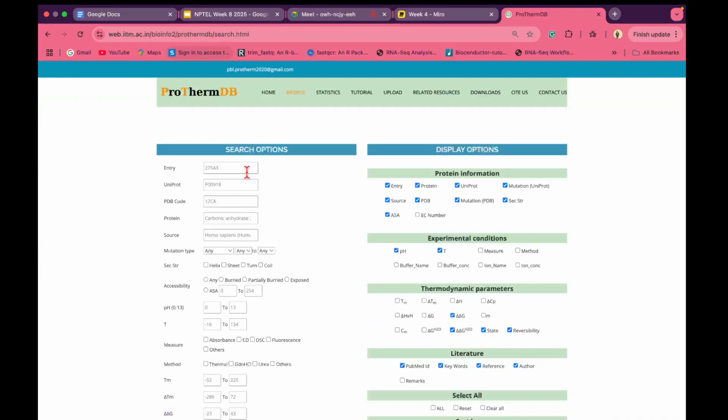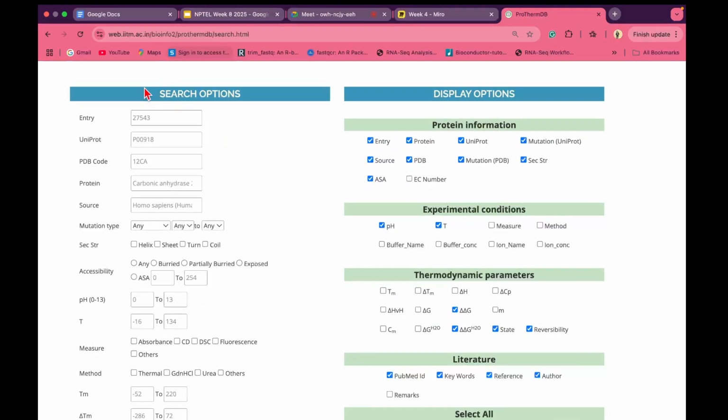Now I just wanted to show the simple search option. In this search option, we have two main panels: one is what to search and the other is what to display, because ProThermDB has a huge amount of data that is organized as tables. It also gives users the option to decide what columns they want to see and what columns they don't want.